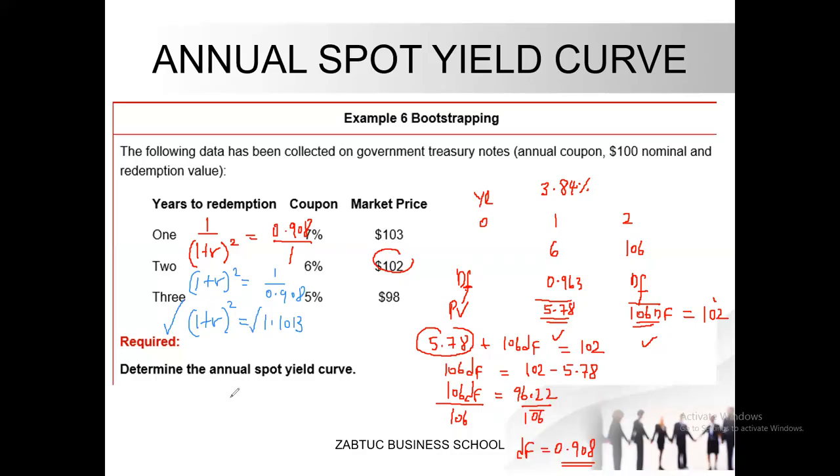Don't panic. Here's how: we say 1.1013 to the power 1 over 2. That's how you get a square root.